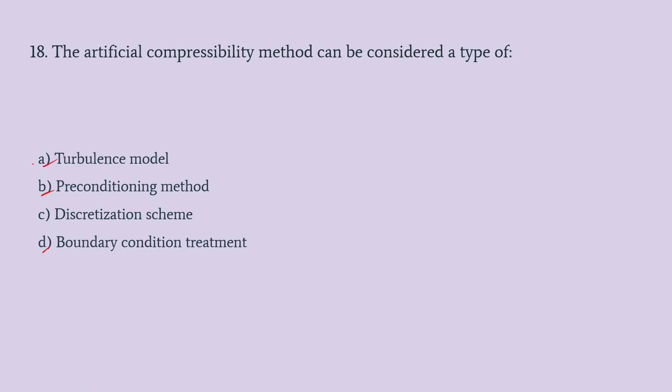No, it's not a turbulence model. It is actually a preconditioning method. So basically, what is a turbulence model? When we have turbulence, there will be eddies, disturbances or rotations. When we are modeling these eddies, that is what's called turbulence models.